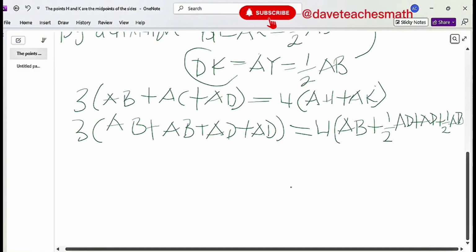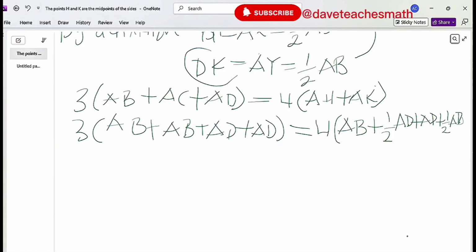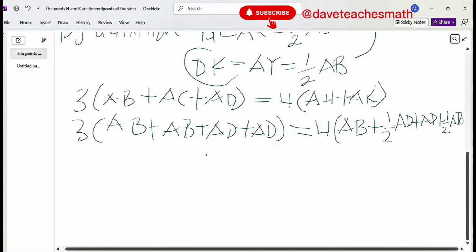Now we can simplify and make sure that the left hand side is equal to the right hand side.